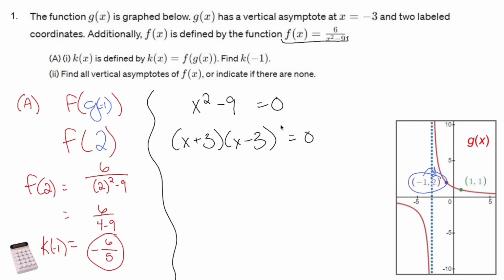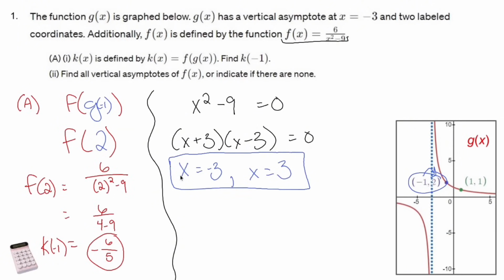The zero product property has me setting each parentheses equal to 0, and the magic number for that parentheses is going to be -3, and the magic number for that parentheses is going to be +3. So I'm going to write out that the vertical asymptotes are x equals -3 and x equals +3.